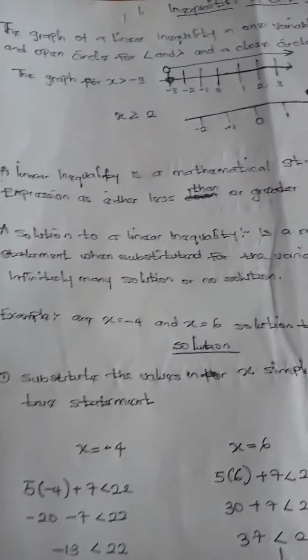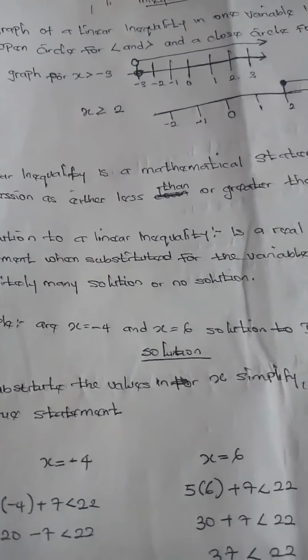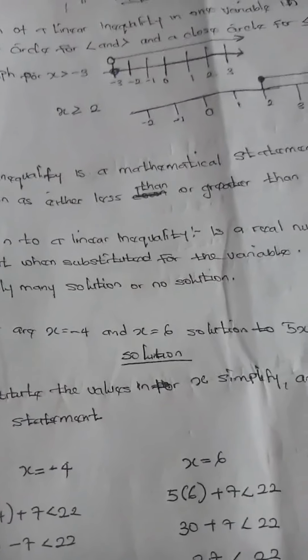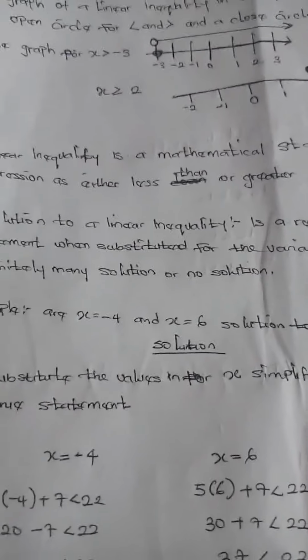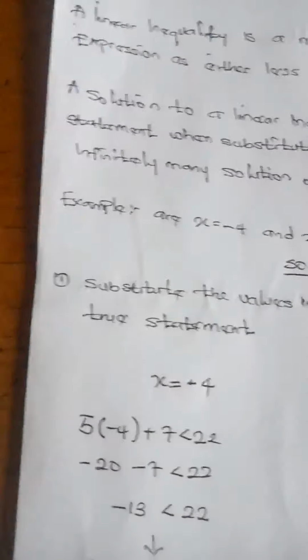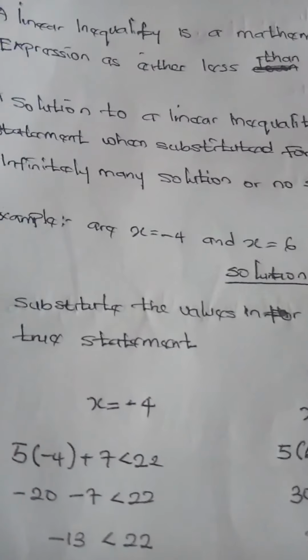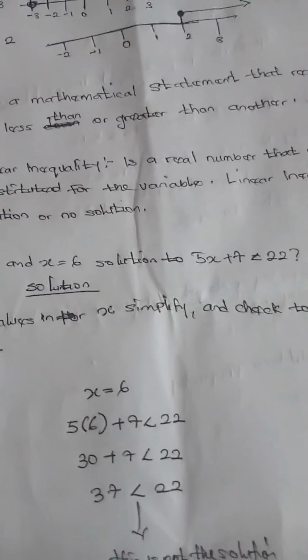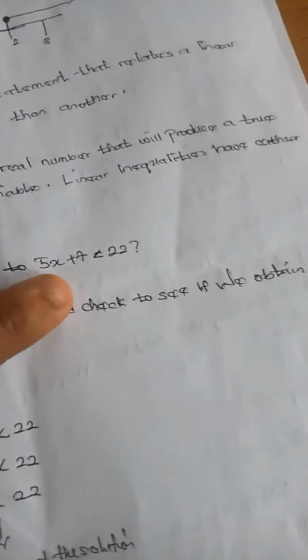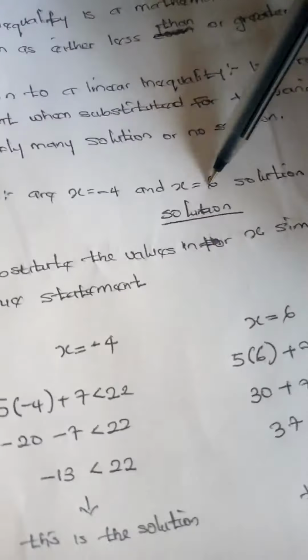If I give you a particular question, the specific answer that works is a true solution, and the other one is not a solution. Like for example, this example I gave here, x is equal to -4 and x is equal to 6.